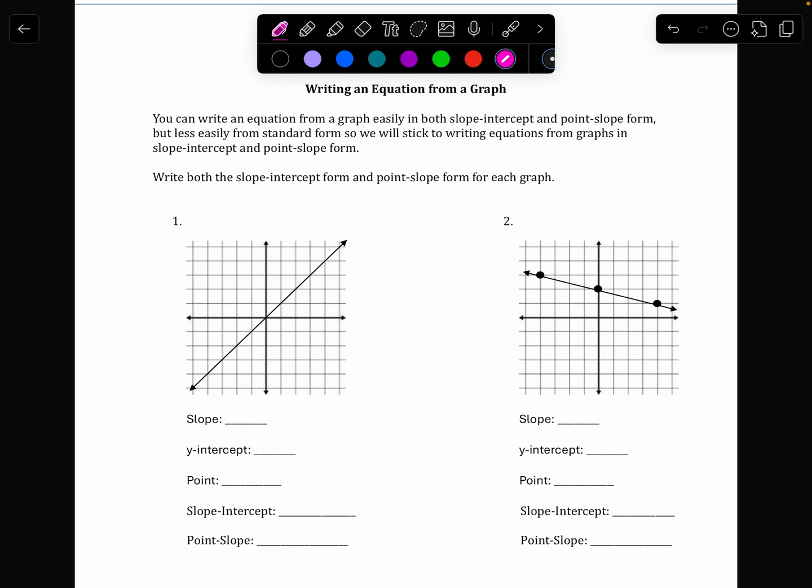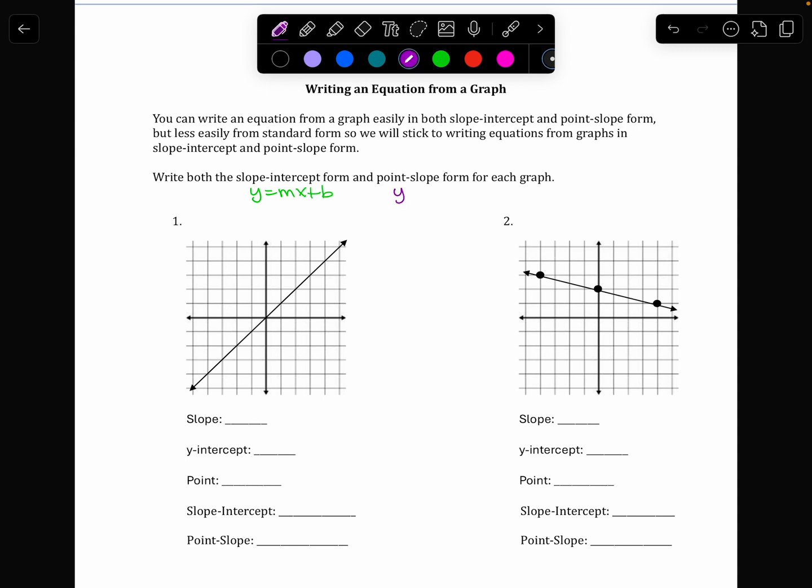It is not always going to be easy to write your equations in standard form from a graph because, again, standard form is just a really unhelpful form for us. It will be helpful later, like when we get to Unit 5, but right now it's just really unhelpful. So I'm going to look at these 2 graphs and write their equation in both slope-intercept form and point-slope form.